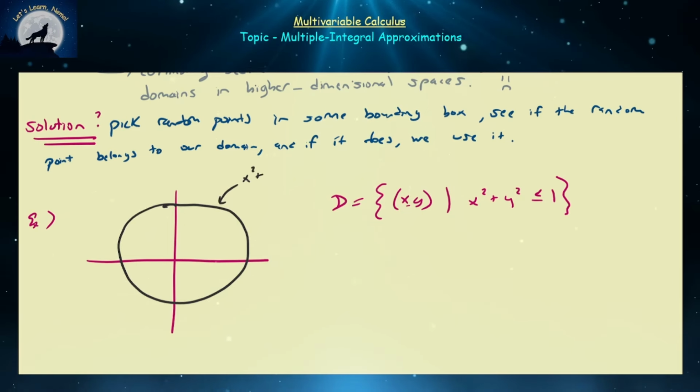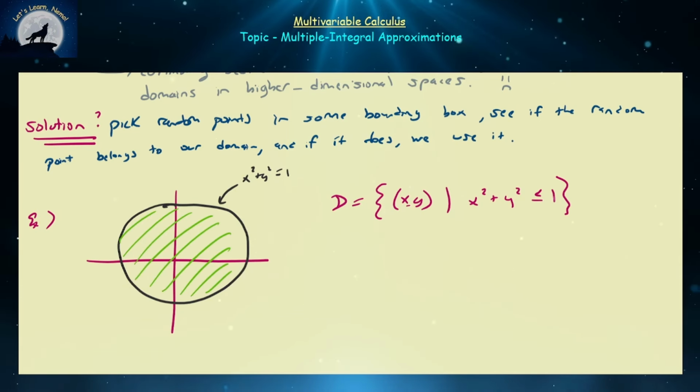So this is x squared plus y squared is equal to 1, and our domain is the interior. So what we're going to do is find a bounding box for this circle, which we should be able to find because we know the minimum and the maximum of this curve, and if we don't, we can always find it using implicit differentiation.